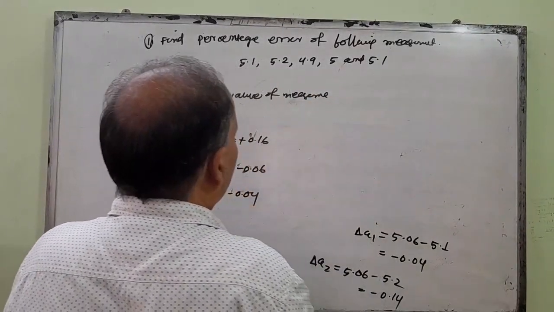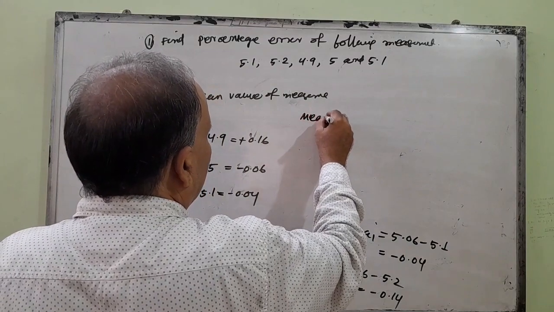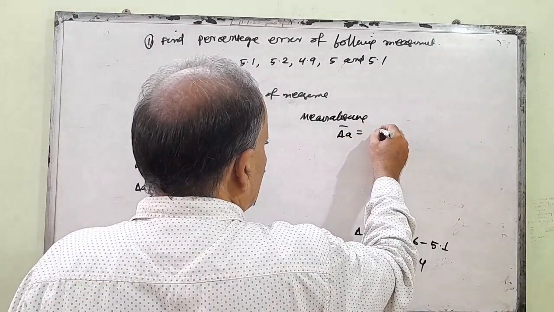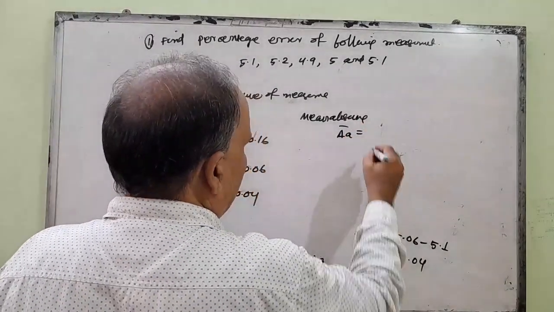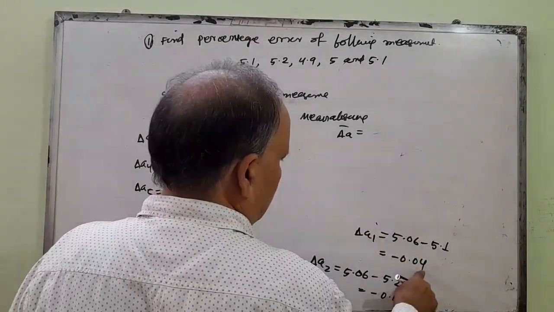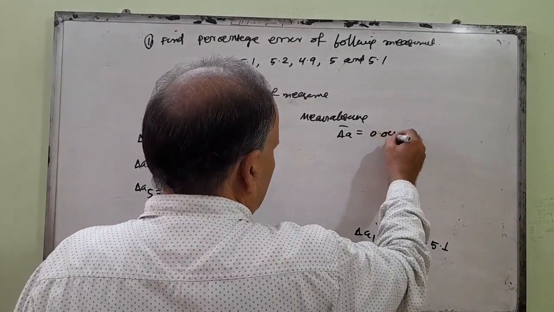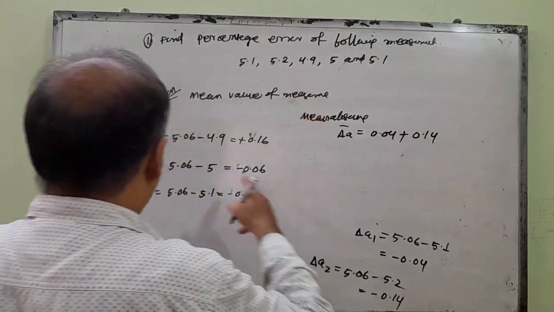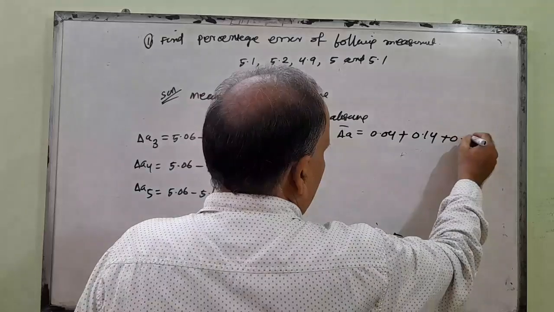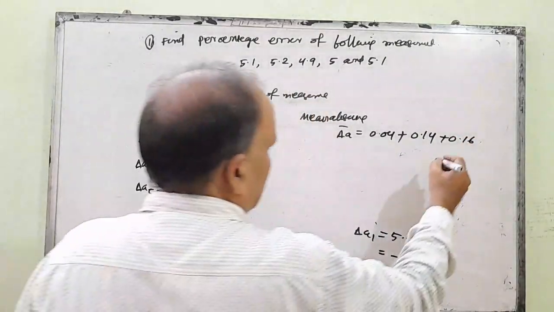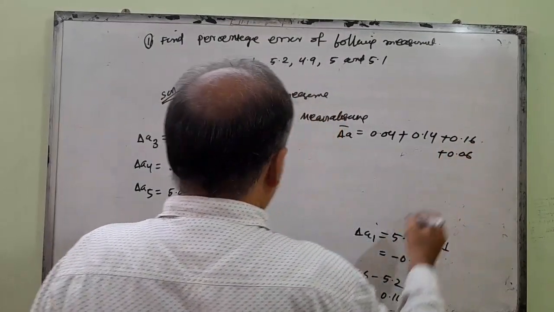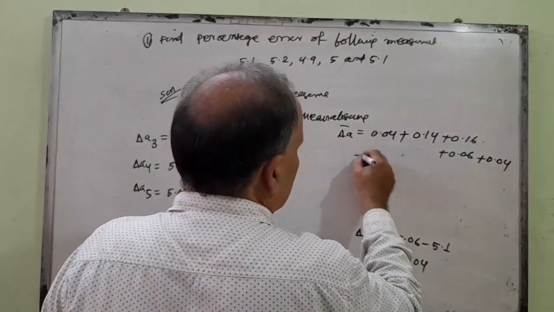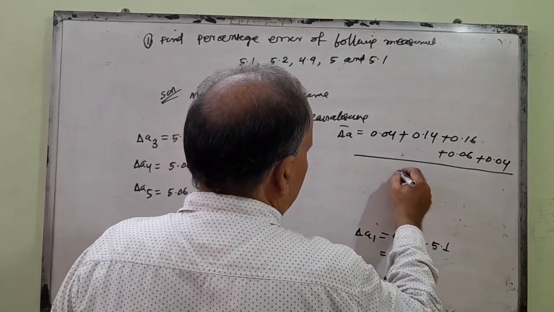Now, we find the mean absolute error. Delta A bar is equal to what? Delta A1, 0.04 mod, that is 0.04 plus 0.14 plus 0.16 plus 0.06 plus 0.04, divided by 5.